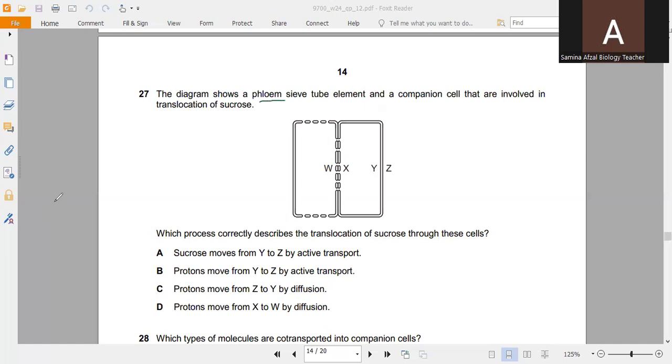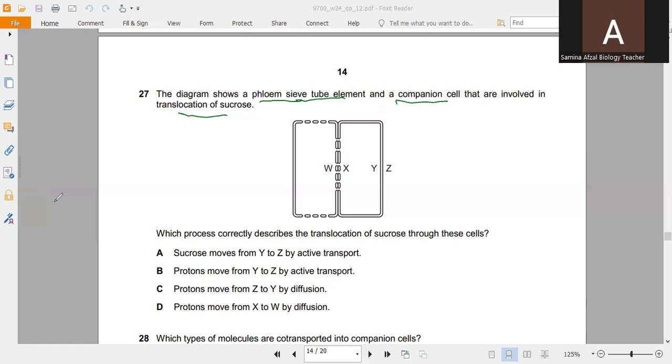The phloem sieve tube element and companion cell, both of them are helpful in the translocation of sucrose. Which process correctly describes the translocation of sucrose through these cells? So we have to find out the correct answer. So the first option is the first option.